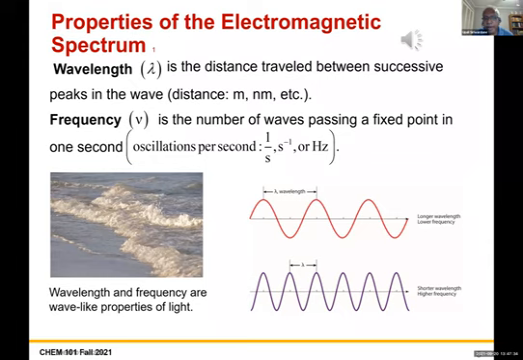The purple wave has a shorter wavelength. The shorter the wavelength, the higher the energy. The longer the wavelength, the lower the energy. So there's a relationship between energy and wavelength.